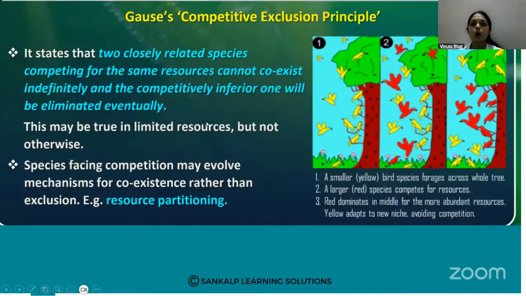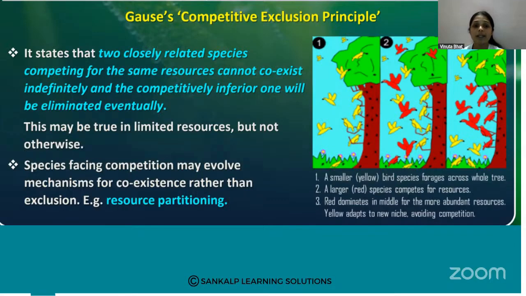The next one is Gause's competitive exclusion principle. It states that two closely related species competing for the same resources cannot coexist indefinitely, and the competitively inferior one will be eliminated eventually.